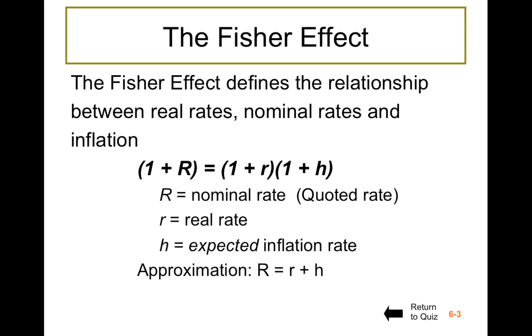And there's an approximation: capital R equals lowercase r plus h. If you were given variables in your homework to plug into this equation, it should be pretty simple to plug them into the Fisher effect equation and solve. That's exactly what your homework is going to be like.